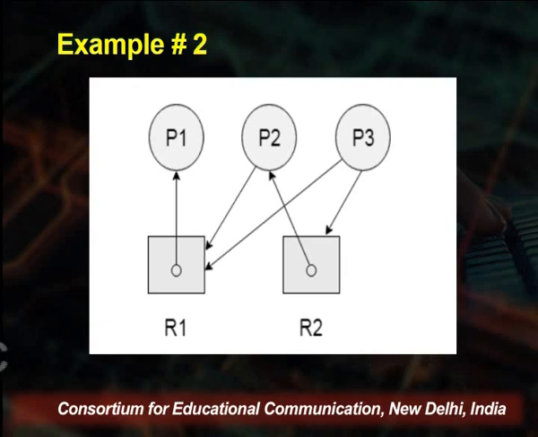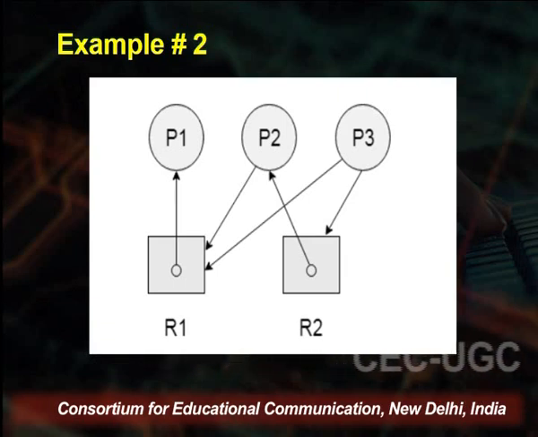Now what is the situation here? R1 is already allocated to P1, which is being indicated with the help of an edge from R1 to P1, and R2 is already allocated to P2, which is also shown with an edge from the resource R2 to P2, while P2 is looking for R1 with the help of a request edge from P2 to R1.